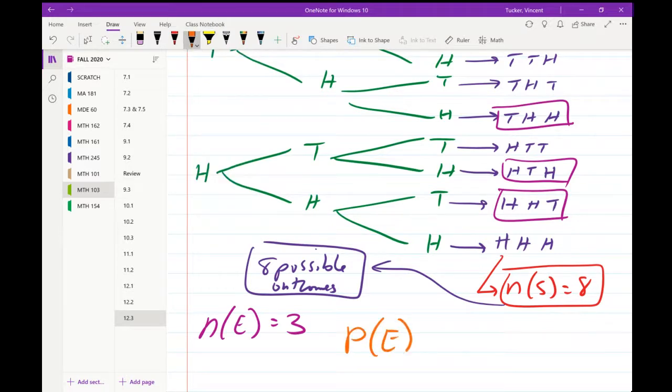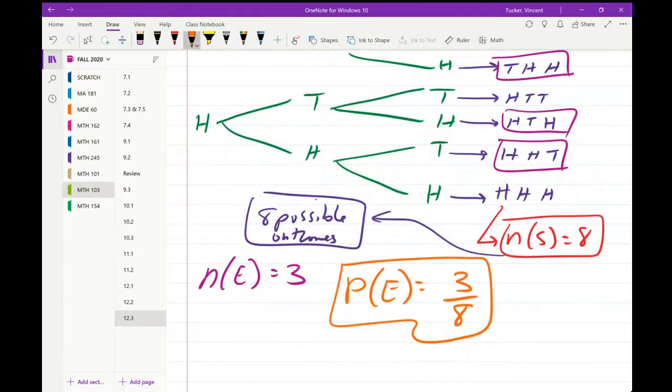So the probability of our event occurring is going to be 3 over 8. All right. Questions?